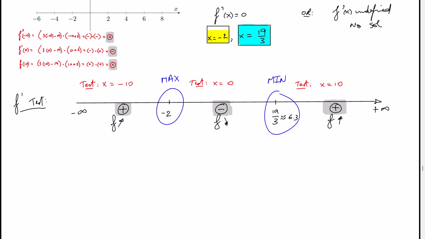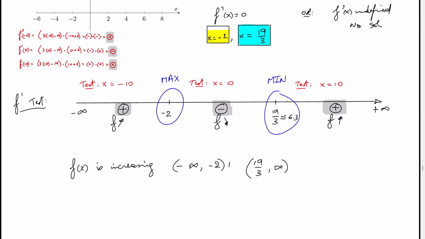But now let's go ahead and record everything. So we are going to say that f of x is increasing. And in this problem, we have two intervals on which the function is increasing, from negative infinity to negative 2, and also from 19 over 3 all the way to infinity. So how do we say that? We write the big old U sign in the middle.